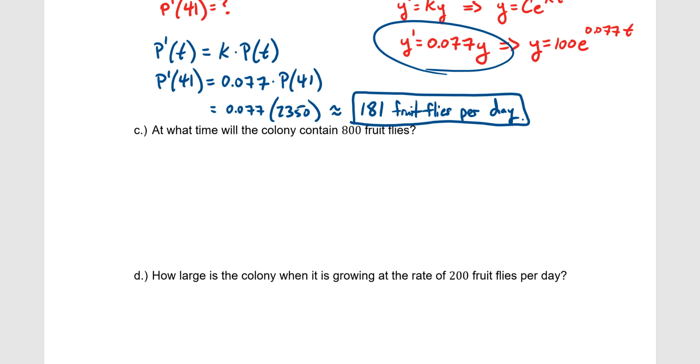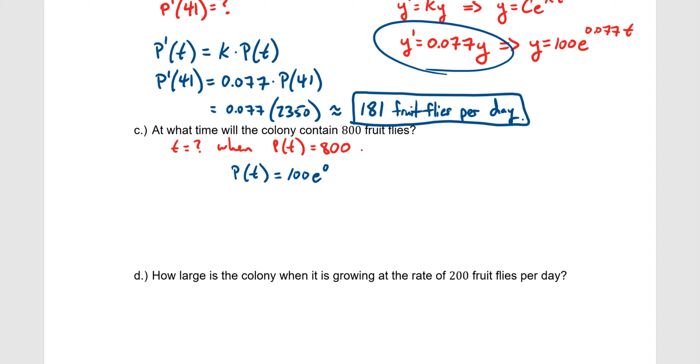Okay, next question. At what time will the colony contain 800 fruit flies? So now we're just looking for t. At what time? So t equals what when p of t is 800? So we can go ahead and use our function, our model for this.